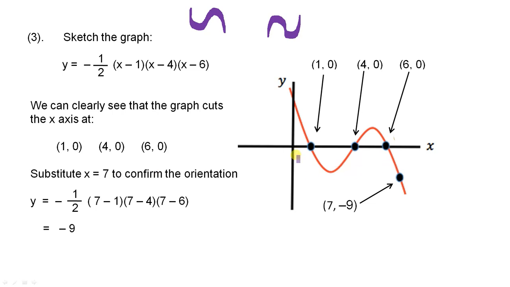Substitute x equals -7 into the equation. When we do that, it gives us y equals -9. So another point on the curve is -7, -9. And that helps us to determine that this is the orientation of the curve.